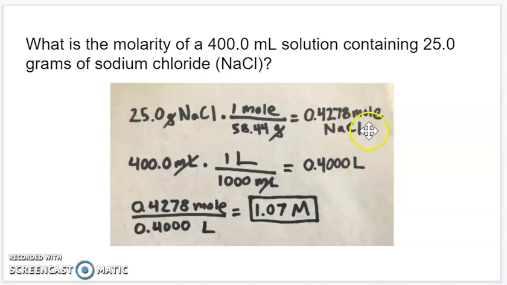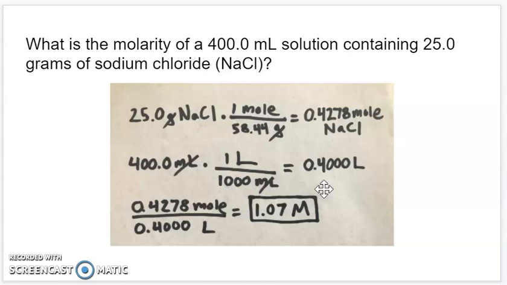So the next part of it, since we need to know the moles per liter, we need to take our 400 milliliters and turn that into liters. This is an important ratio that you're going to have to consider very often in chemistry: the relationship between 1 liter and milliliters is 1 per 1,000. You might think about milliliters, or just milli as a prefix in general, being related to something like a millennium.